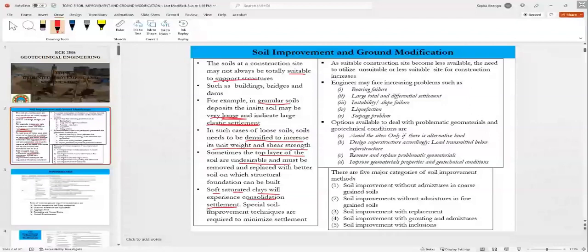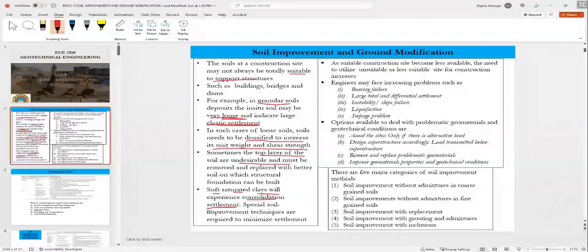Now, first of all, for consolidation to take place, the fine-grained soil must be saturated. So when you apply loading to that soil, it increases the pore water pressure. The loading is taken by the water.